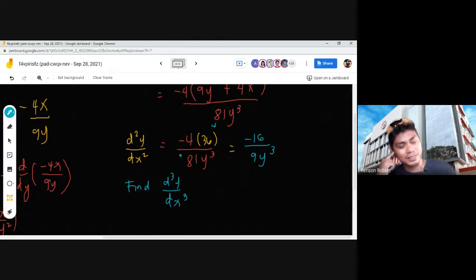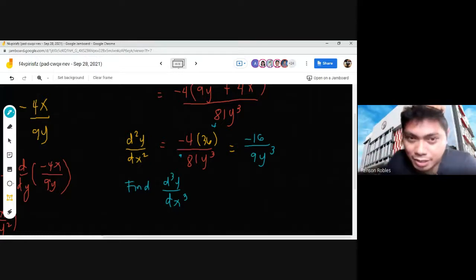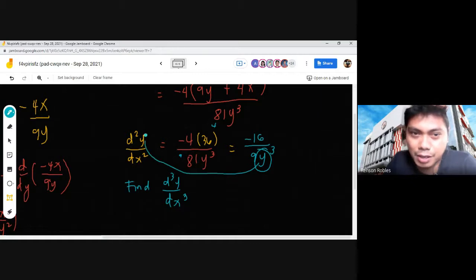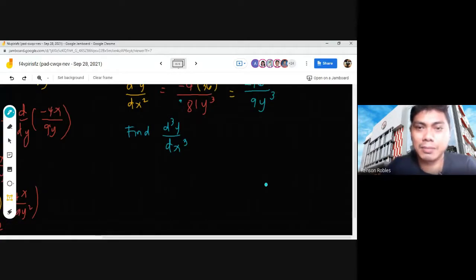There's no more x. Implicit pa rin po, because there is the presence of the dependent variable on the right side. So, implicit pa rin siya. Okay? Let's do it. Andito na din naman tayo.